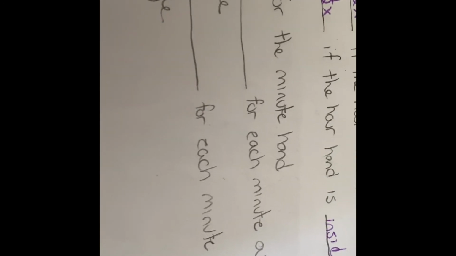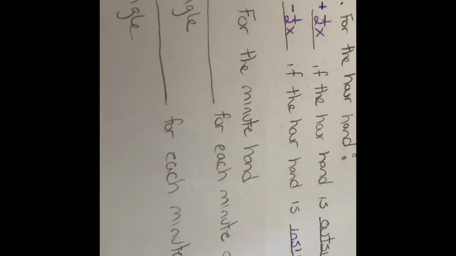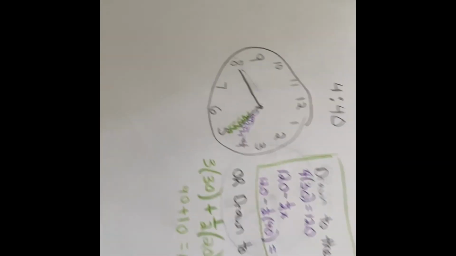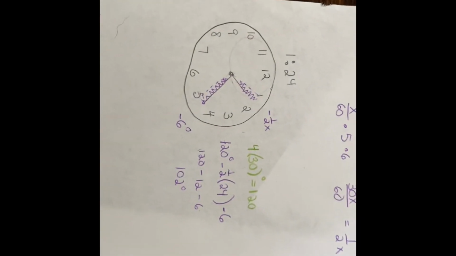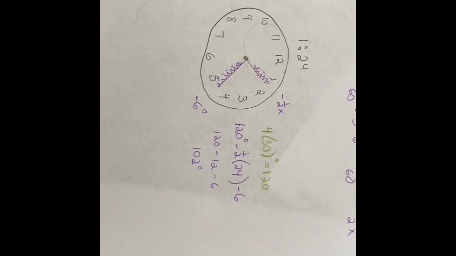Now for the minute hand, this is the part that we are only going to do if the minute hand is not exactly on an hour. Which in the last 2 examples, the 8:20 and the 4:40, we didn't have to do, but we did have to do in our original example, and we will do one more time after this.